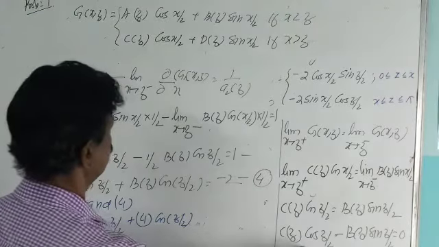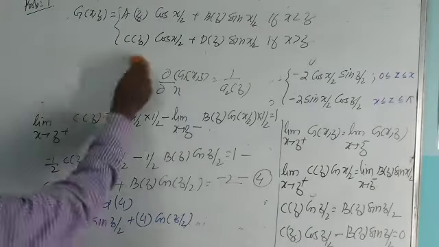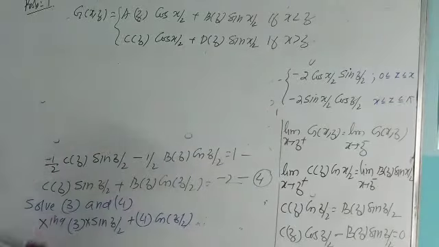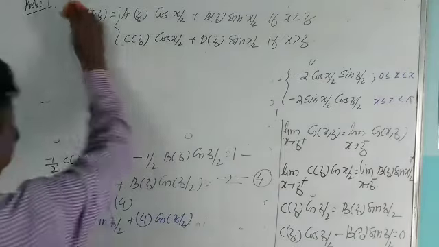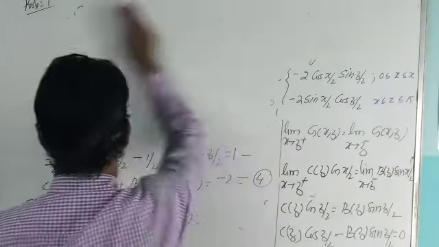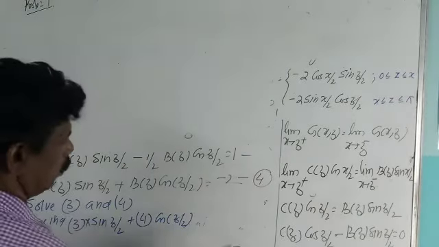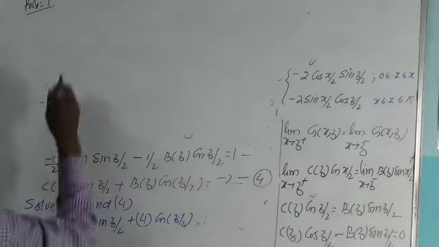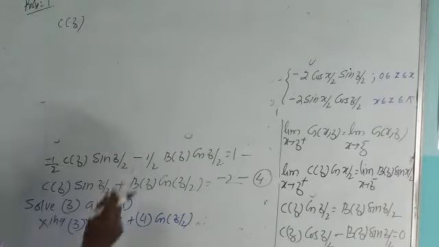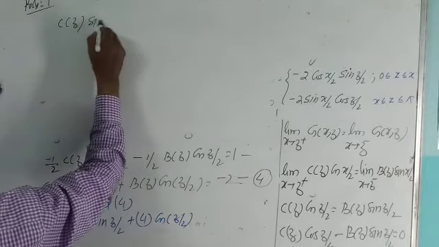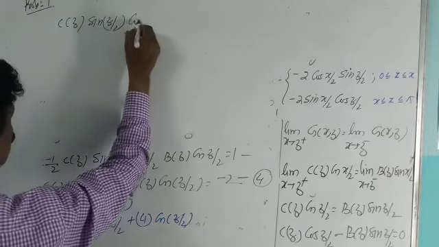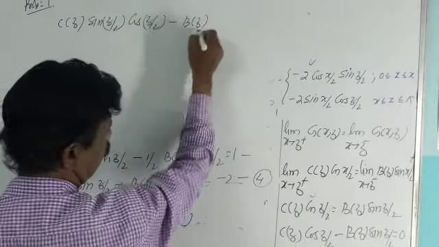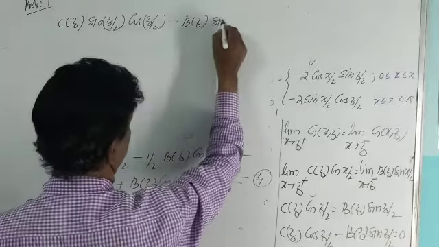What will happen here? This equation becomes c sin z by 2 cos z by 2 minus b sin square z by 2.